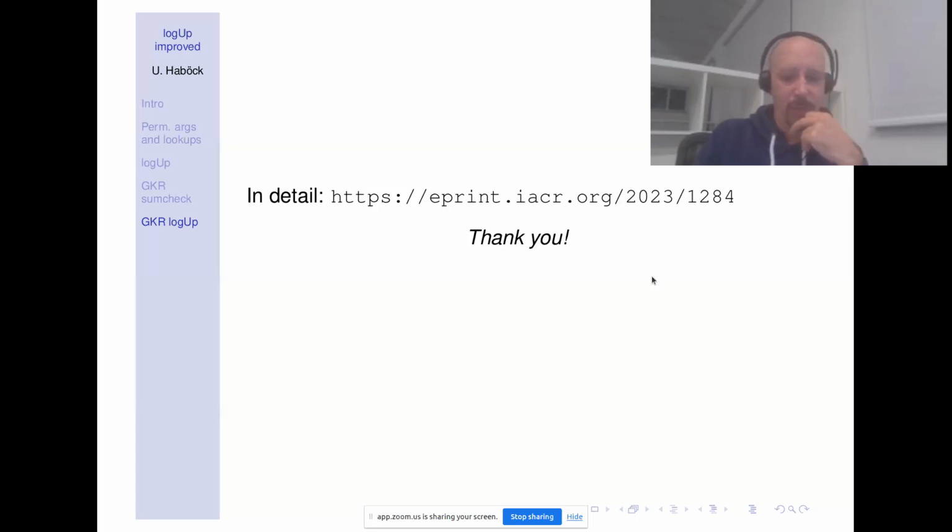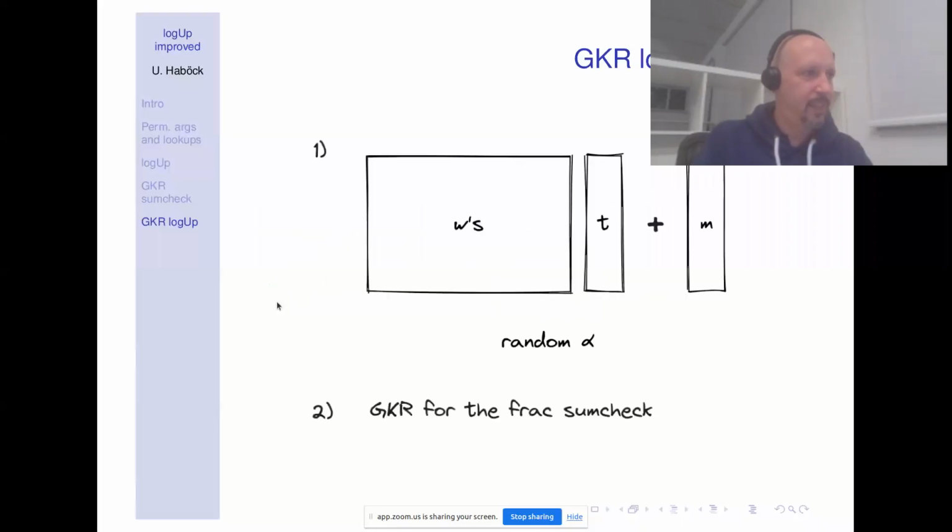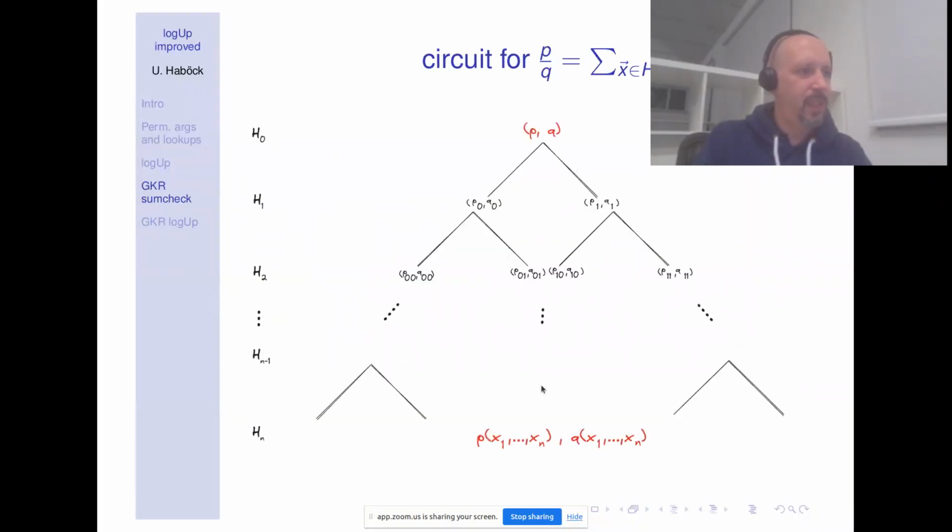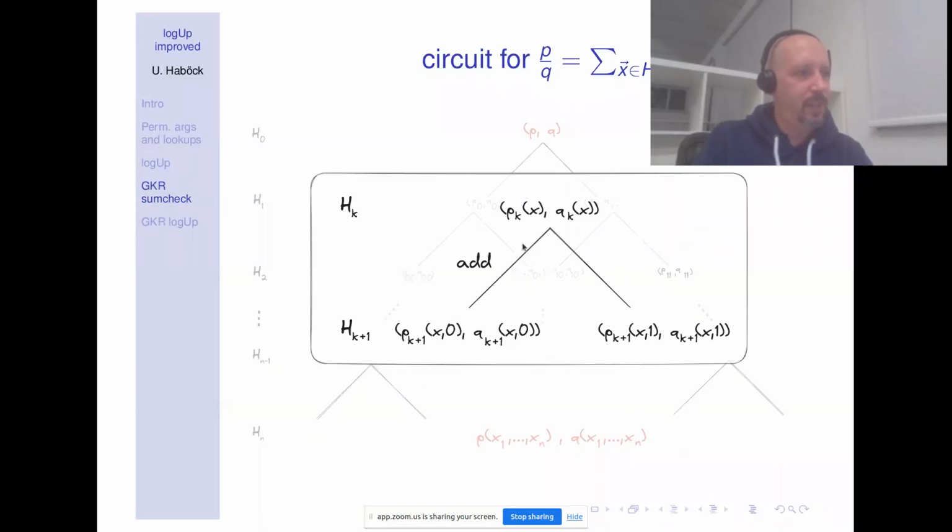So in the end, if I jump back here, is my slide still presented? Yeah, we can still see them. Okay, let me try to go back. Yes, that's the way you do it. So you start with field values, vectors. If I just take one gate, at each of the two inputs, there's a symbolic fraction: numerator P, denominator Q, the PQ of this input and the PQ of the other input.